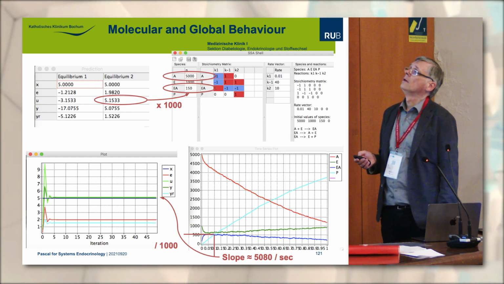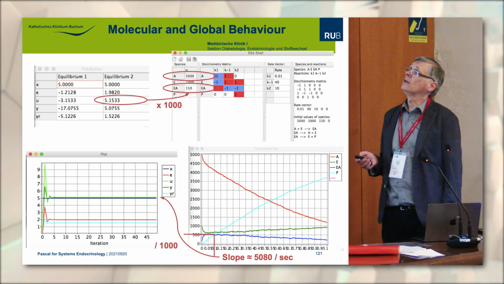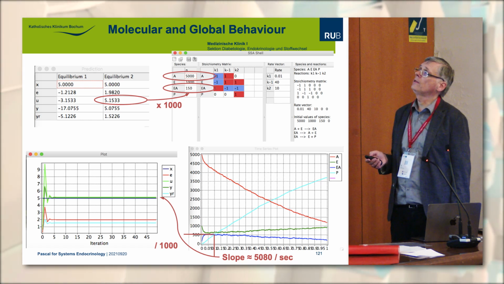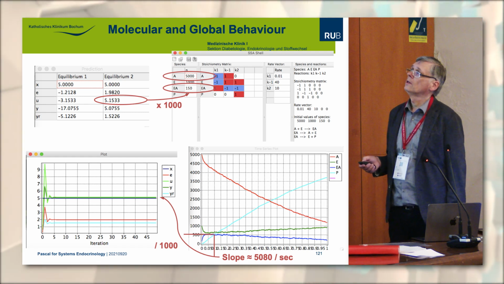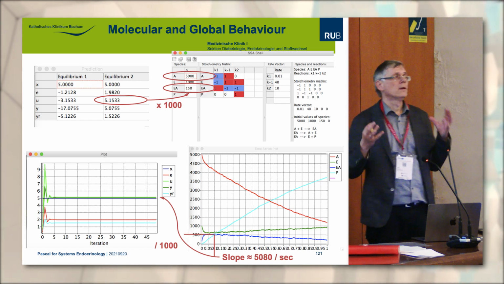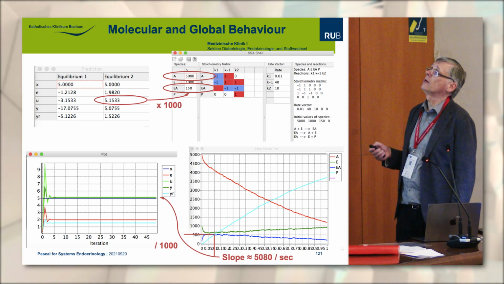And now let's translate this to molecular relationships, and for this we multiply by 1000, because we want to address not concentration but single molecules.